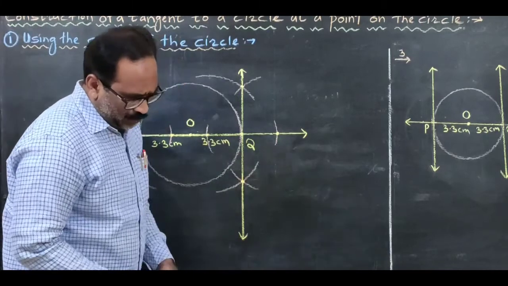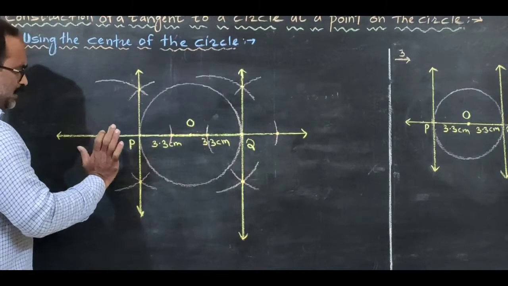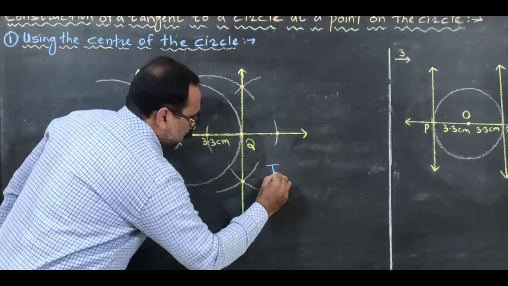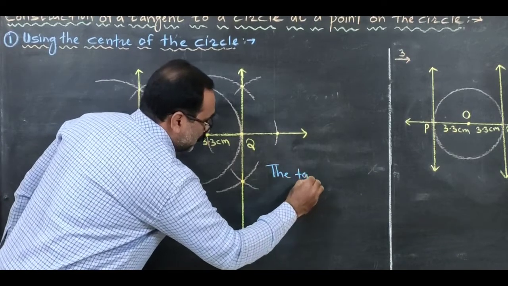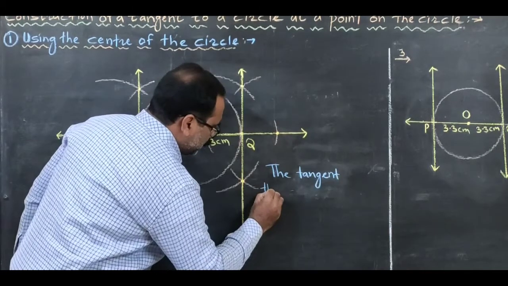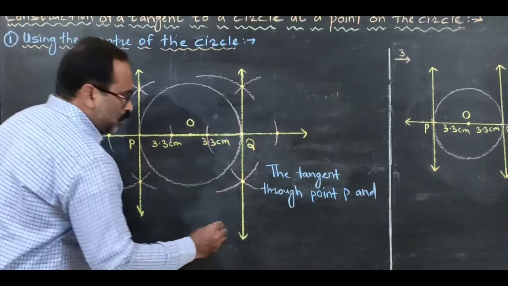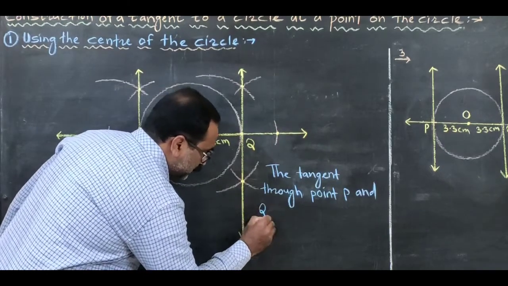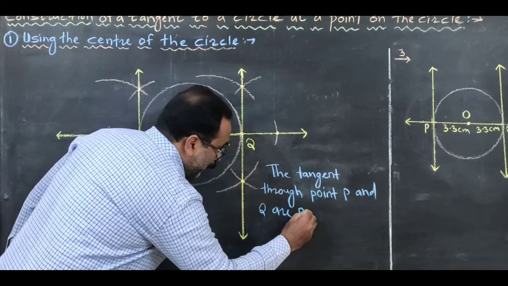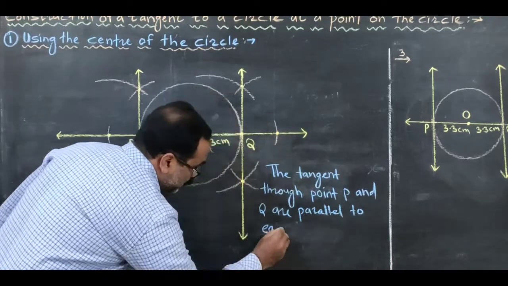He asks you, write your observation about the tangent. The tangent at point P and Q are parallel to each other. The tangent through point P and Q are parallel to each other.